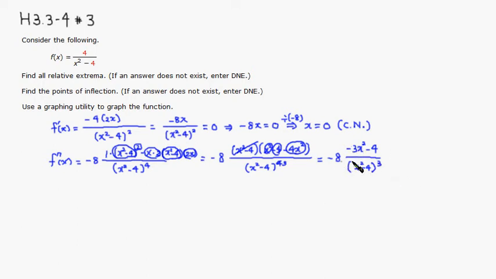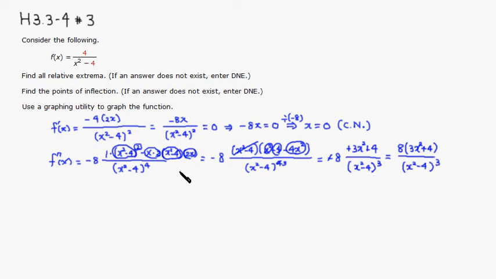Since there are a whole bunch of negative signs, I'm going to incorporate this negative sign, turning into a plus sign here and a plus sign there. So you have just 8 times 3x squared plus 4 over quantity x squared minus 4 raised to the third power. So this is the second derivative.